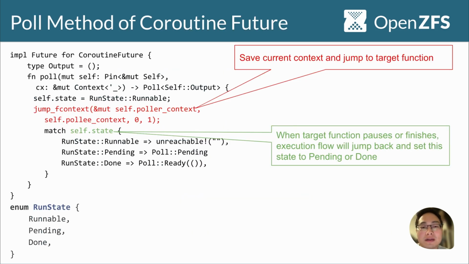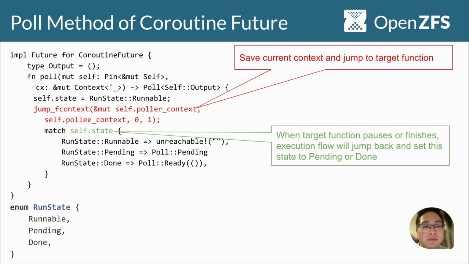This is the simplified poll function of our coroutine future. It works as follows. In the poll function, it will first call jump_fcontext, which saves the current context and jumps to the target function.